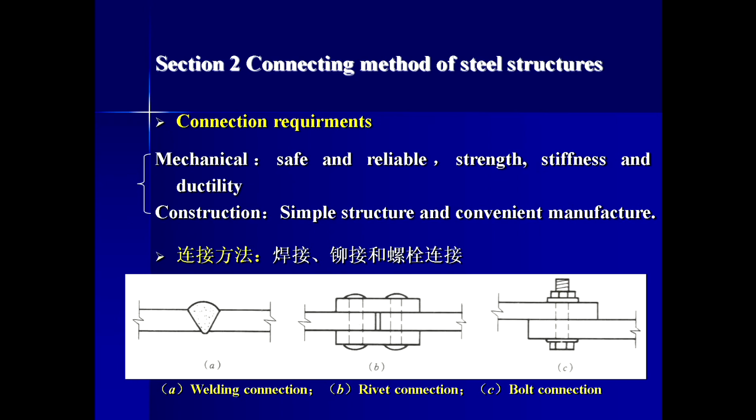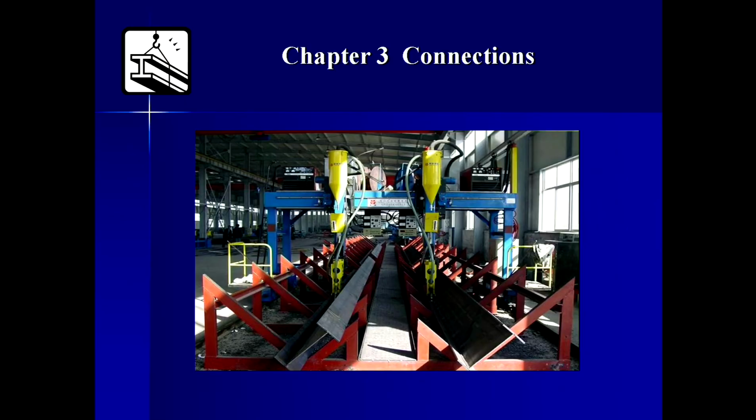And the connection for the steel structure, there is a lot of connection because we want to connect the two parts together. So the connection is very important for us.